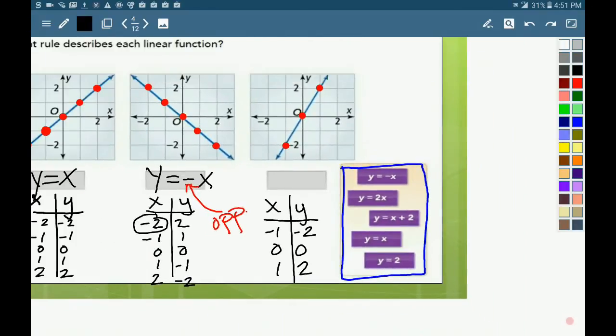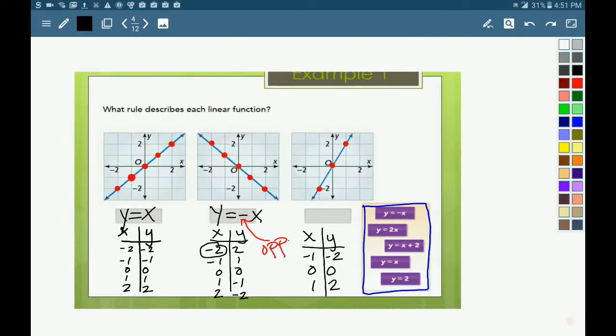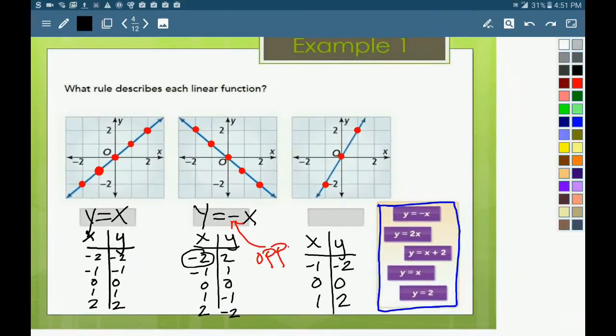So on that one, I need to describe some pattern that is happening to go from input to output. Well, it looks like I'm multiplying it by 2 each time. So in order to go from -1 to -2, that seems like we just need to multiply by 2.